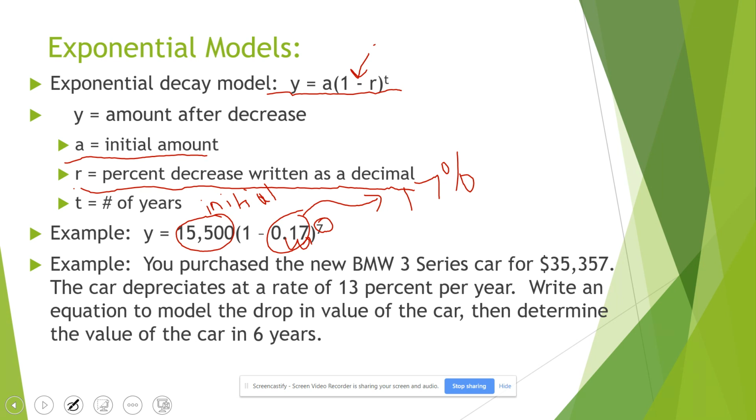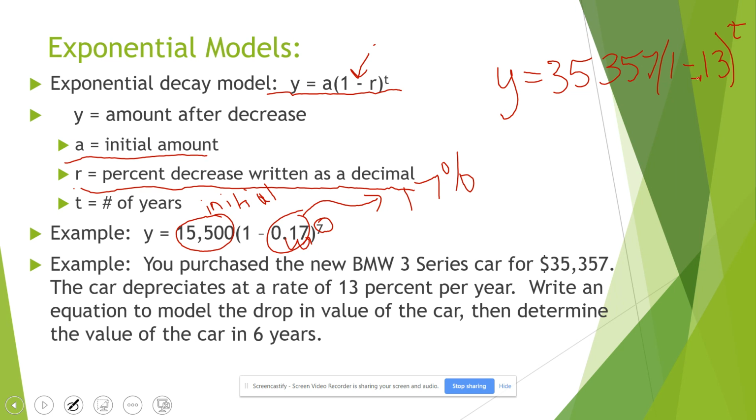So for our second example, writing our formula, we have 35,357 as our purchase amount times 1 minus 13%, which is going to be 0.13 to the T power. So that's the equation. Remember, it asks us technically for 2 things.